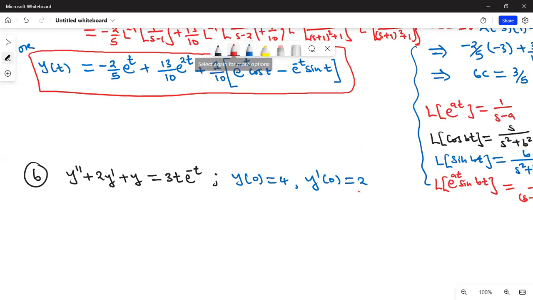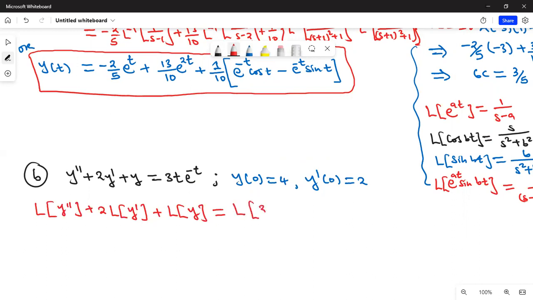So as usual, you take the Laplace transform on both sides of the ODE, Laplace transform of y double prime plus 2 Laplace transform of y prime plus Laplace transform of y is equals to the Laplace transform of 3t exponential negative t.